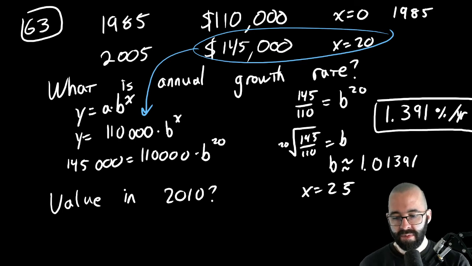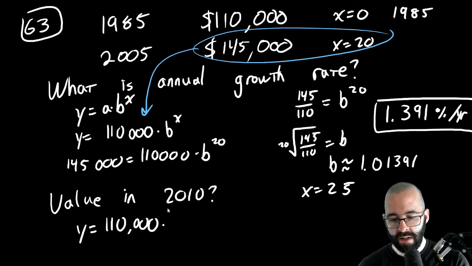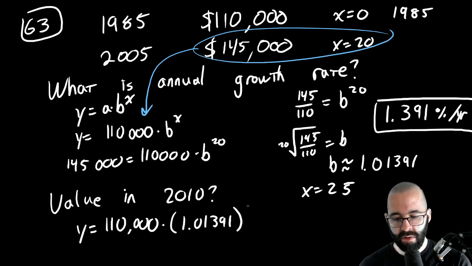And in 2010, just use our formula. Y is equal to A times B raised to the X, which is 25.